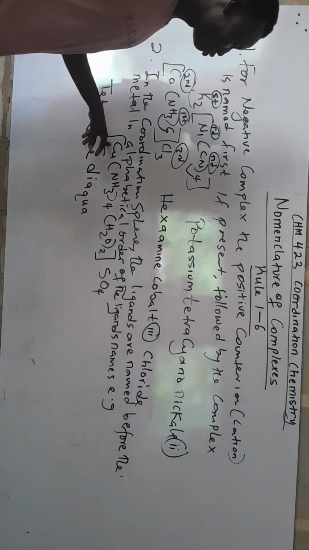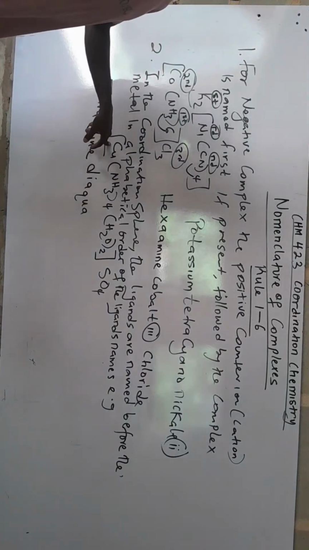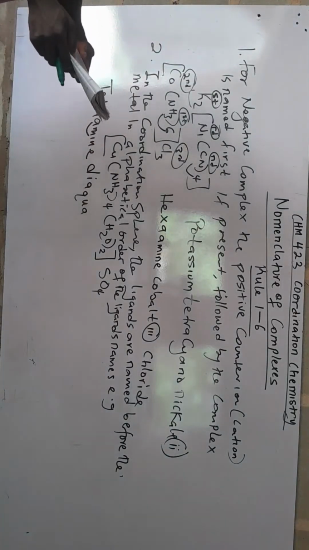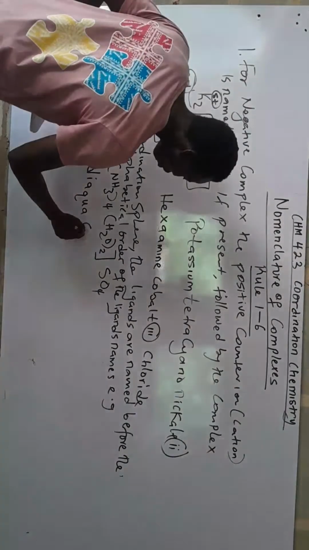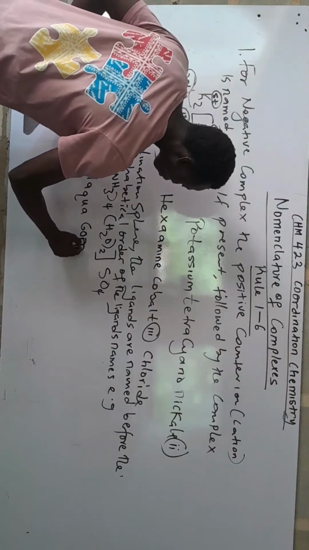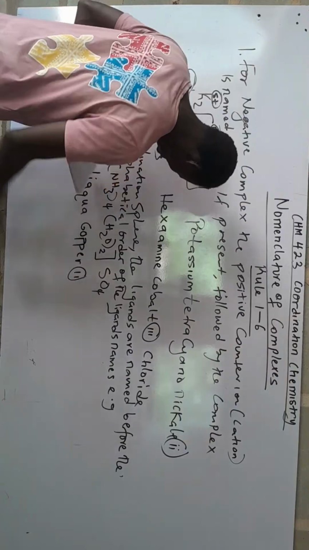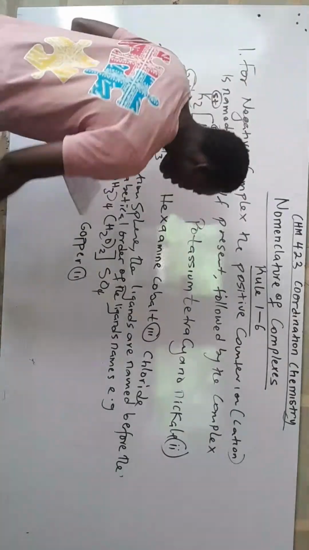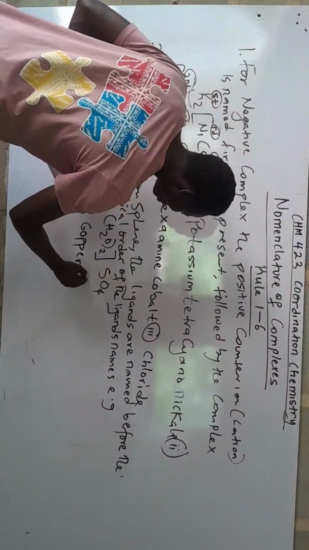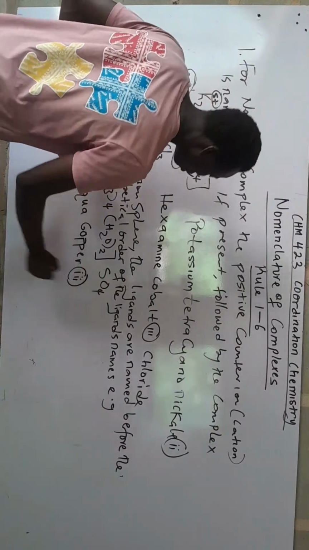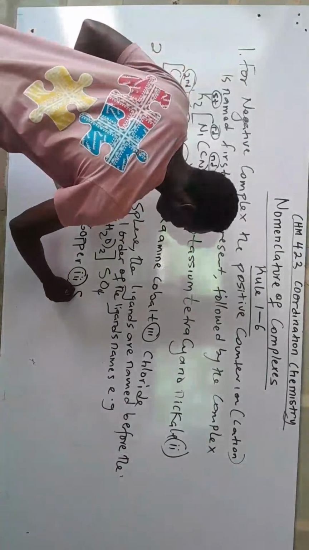You now proceed straight to the copper that you have there. So the copper in this place, we take what we call copper 3, take note of that, copper 3 sulfate.